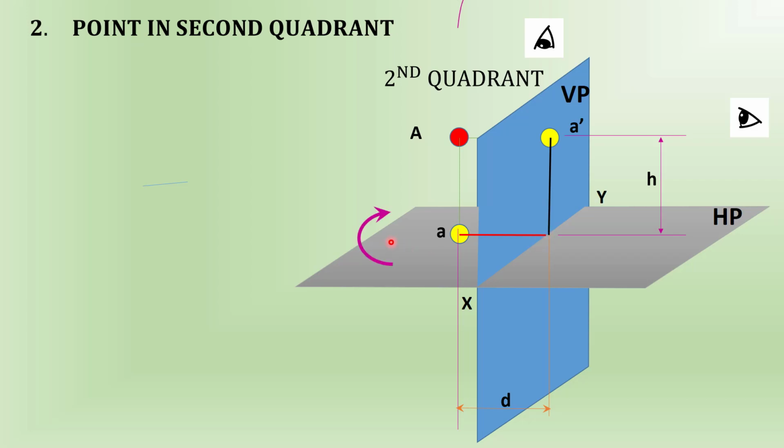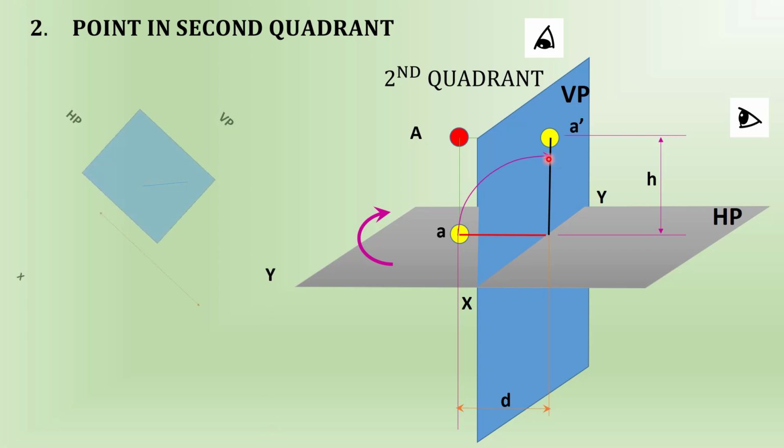Now we need to rotate the horizontal plane. When you rotate this in the clockwise direction, the plan point also will be rotated through an angle of 90 degrees, and this point appears to lie somewhere here. That is, this distance will be marked here, and you will get a somewhere here.